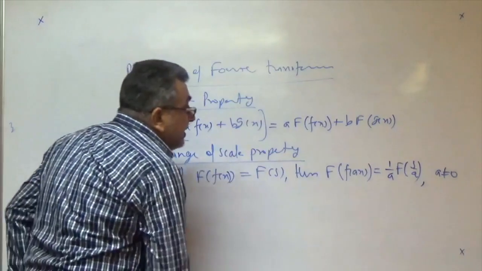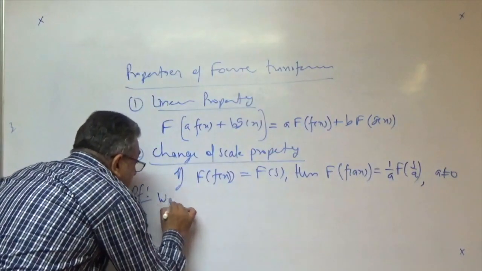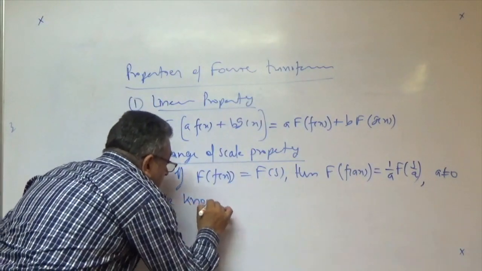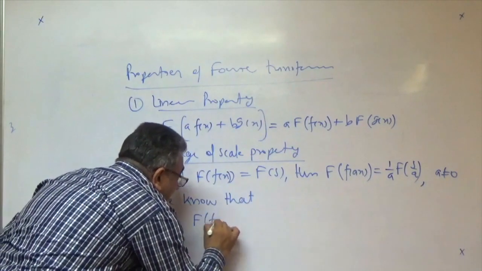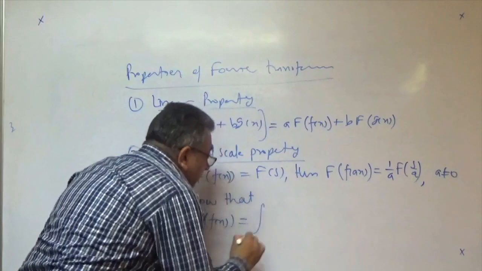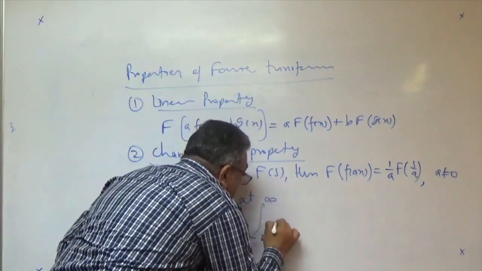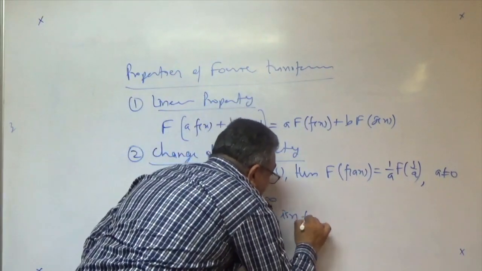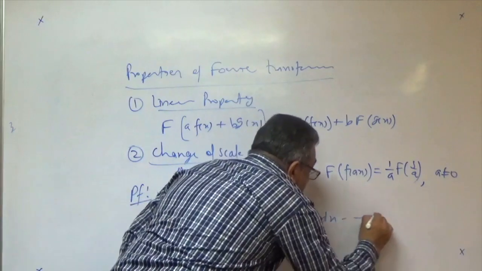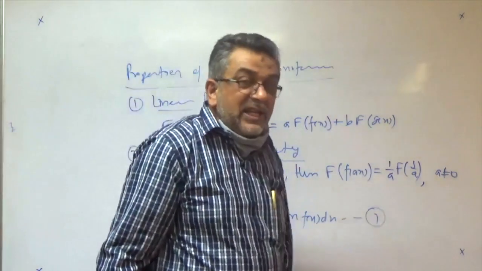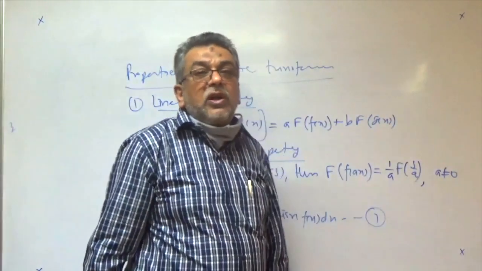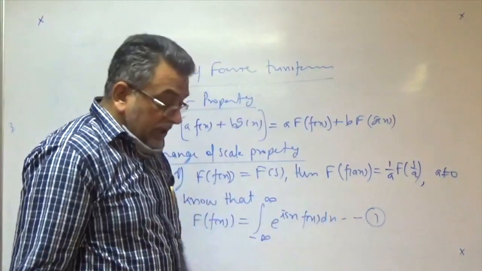We know that the Fourier transform of f(x) is the integral from minus infinity to infinity of e to the power isx f(x) dx. This is the basic formula, the first principle of the Fourier transform.